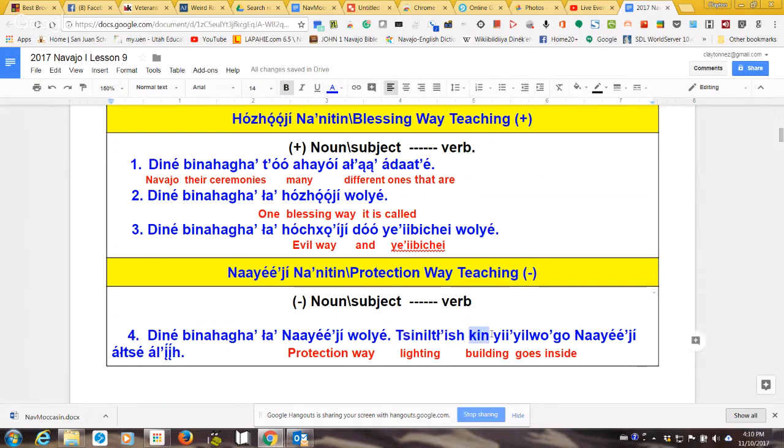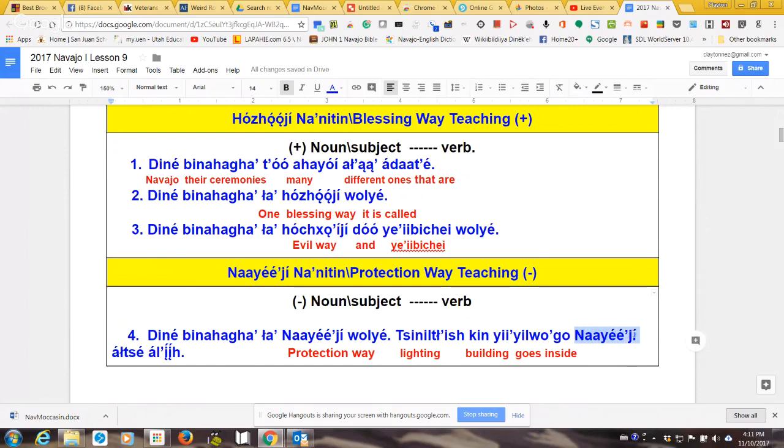Nowadays, we have things that are higher than trees, so buildings get struck by lightning. Okay, so sanikish kin, and what does it do to the kin? Yihilwoko. When it goes into the building, what happens?